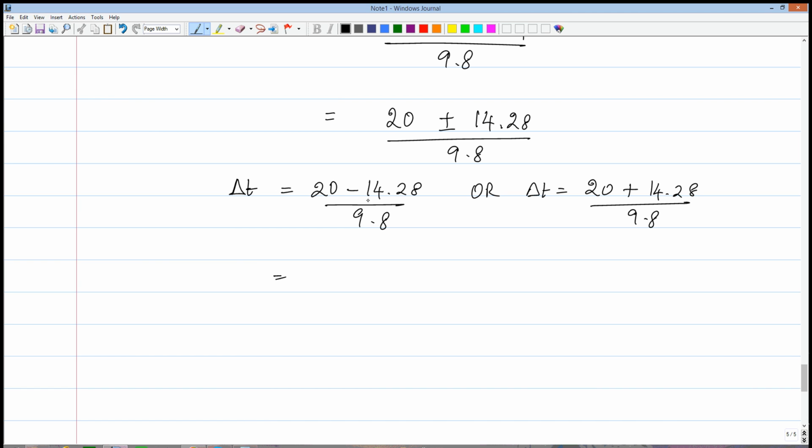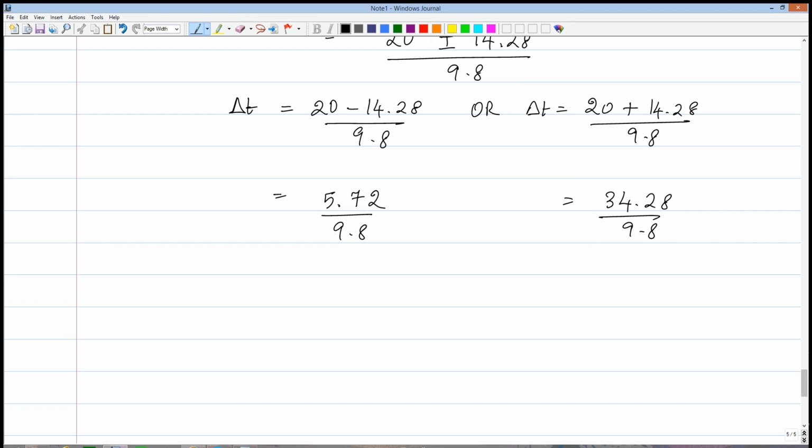The first one gives us, for 20 minus 14.28, 5.72 divided by 9.8, and the second one gives us 34.28 over 9.8. You can calculate each of these two times, and what you notice is that we have two positive times.